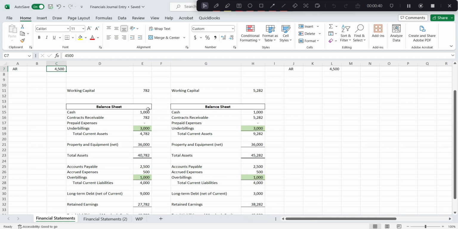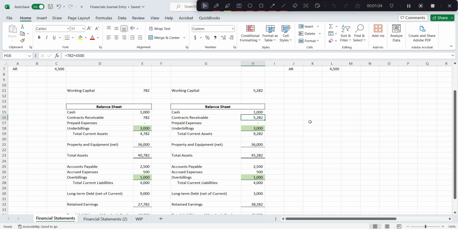When we get to the balance sheet, we see the 782 in the receivables. We see total current assets of 4,782 and total liabilities of 4,000. That gives us a working capital calculation of $782. Now, when we go to the corrected balance sheet, huge difference here.